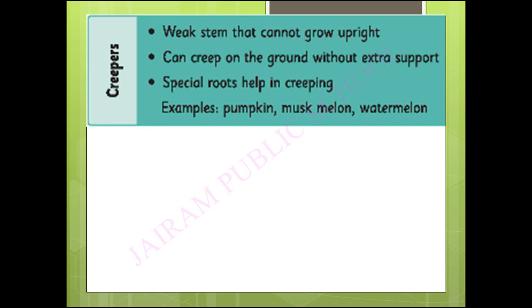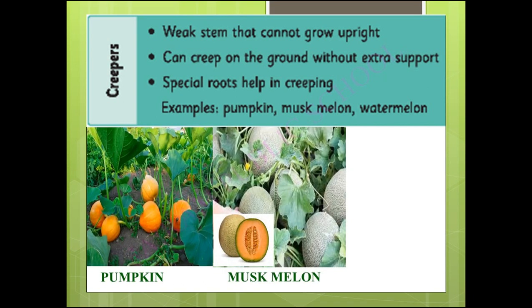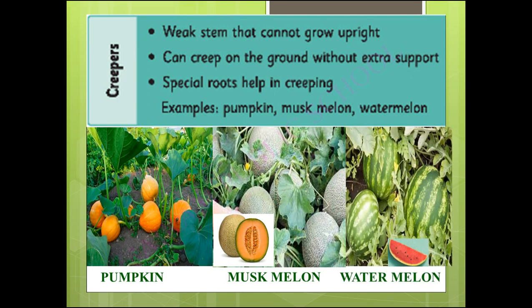It means that along the plant stem, special roots grow which help to hold the soil tightly. For example, pumpkin, muskmelon, watermelon. And the fruits of these creepers are also big in size, so they cannot stand straight. They creep for a long distance on the ground.